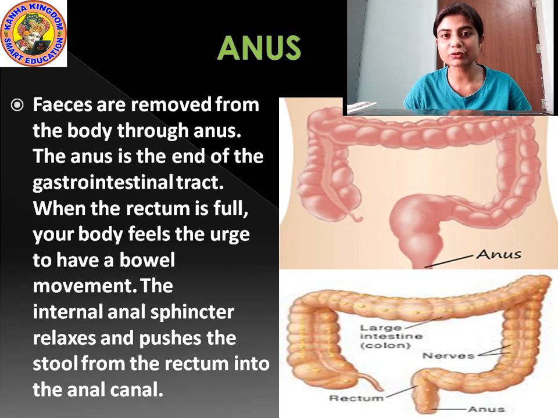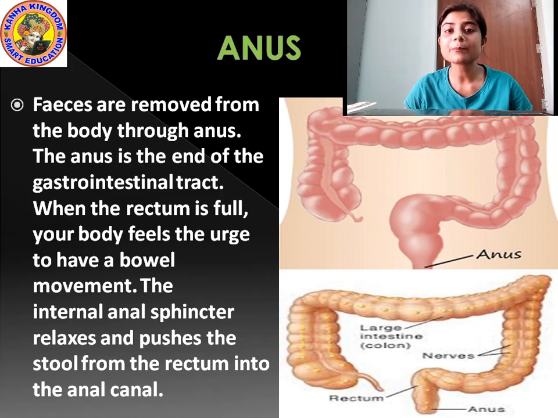Then the liver secretes the bile juice that digests the fats and vitamins from the food, and it also helps in the process of absorption of nutrients into the body, so that the nutrients of the food can be absorbed.